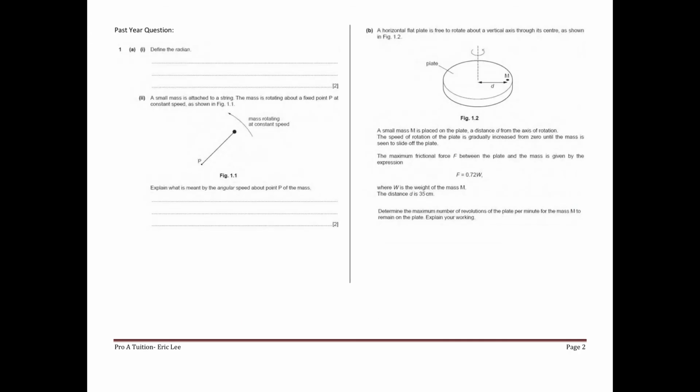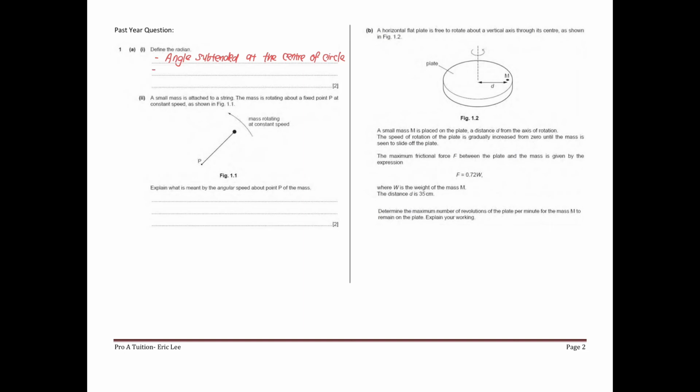So we have a past year question here. Number 1, define the radian. As you can see in the notes, page 1, radians, I already explained it. And now here, let's look at the answer straight away. So radian is actually the angle subtended at the center of the circle.